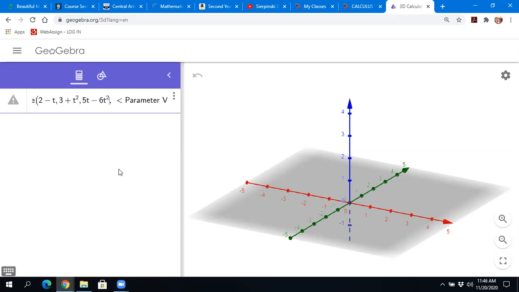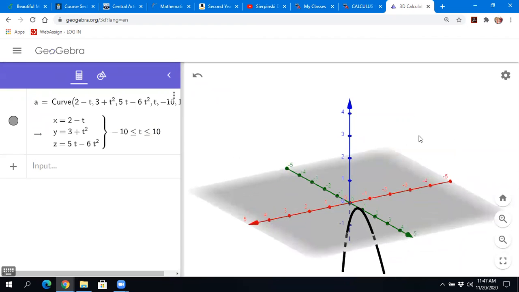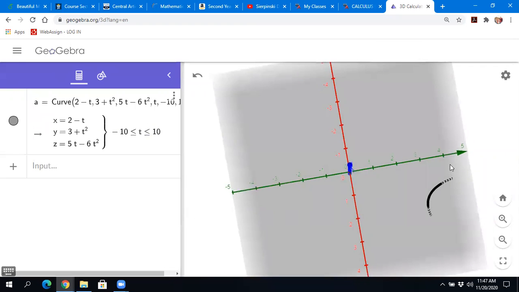Parameter variable t, start value -10, end value 10. And there's the curve. It automatically does it for you, and it kind of shows you what it's doing. So there's what that curve looks like. Oh, that's interesting.